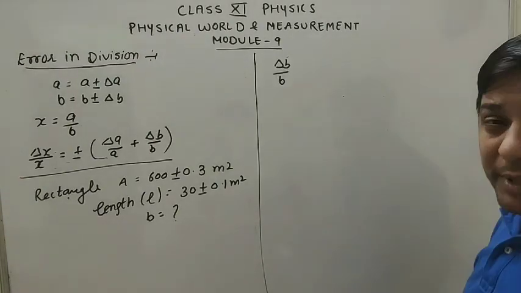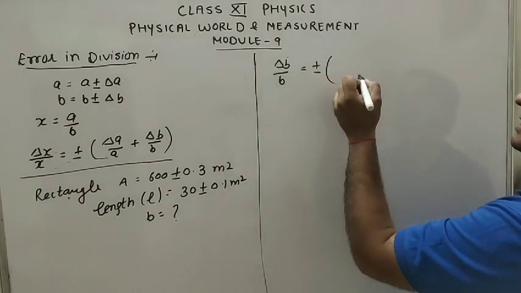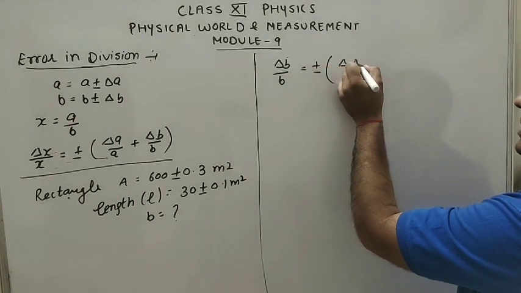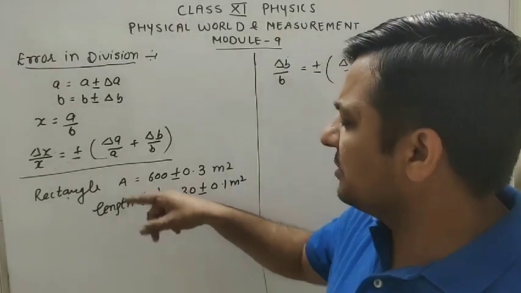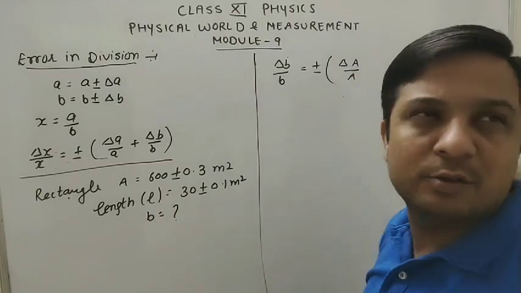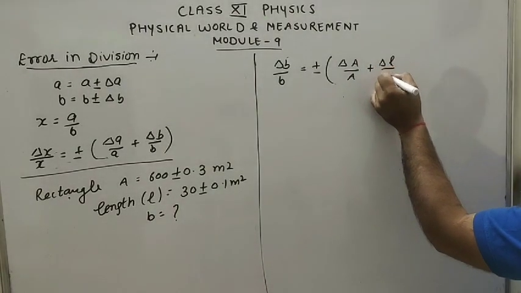So delta B by B, what will you write? Plus minus delta A by A, because two terms are given and they are division. First, second, it doesn't matter. You can write plus delta L by L.